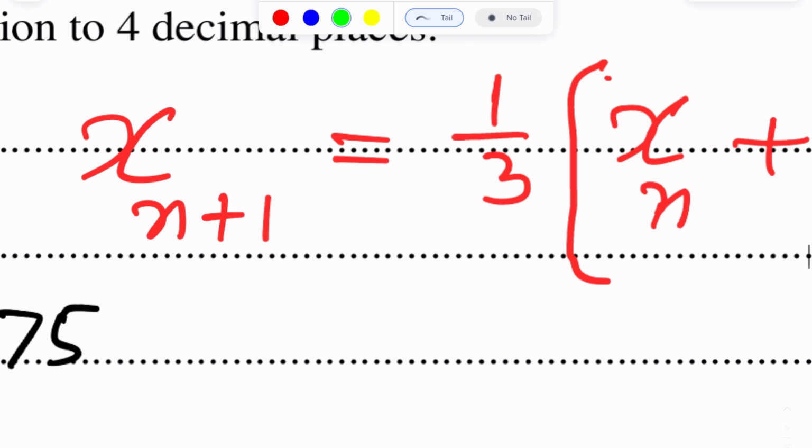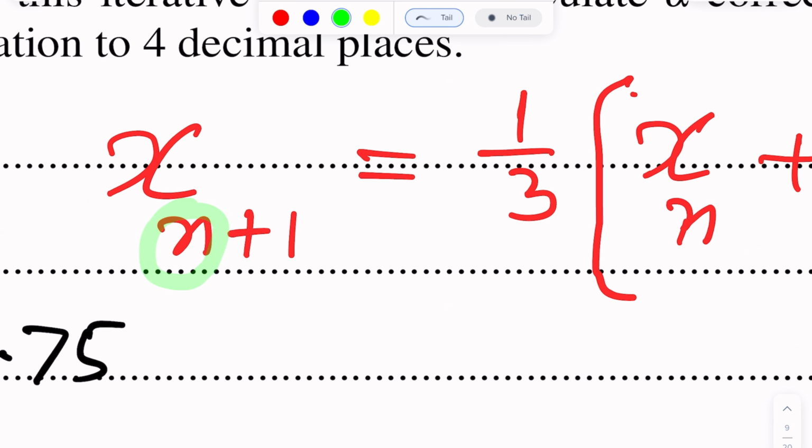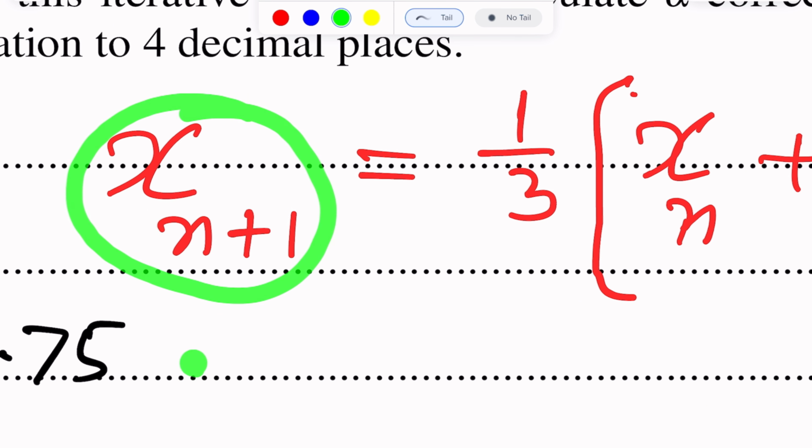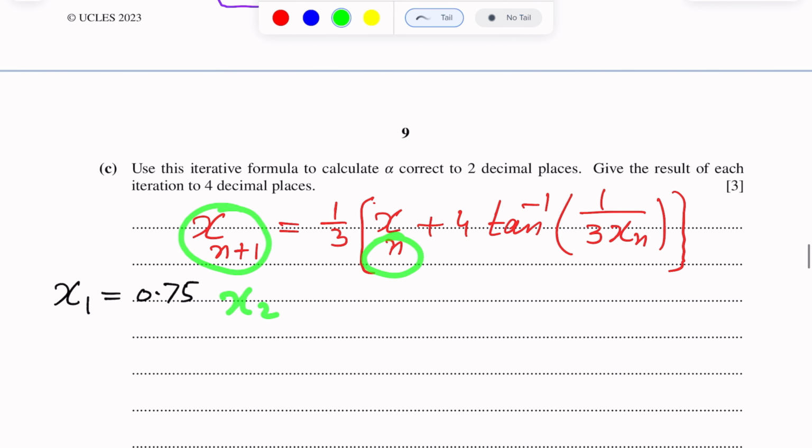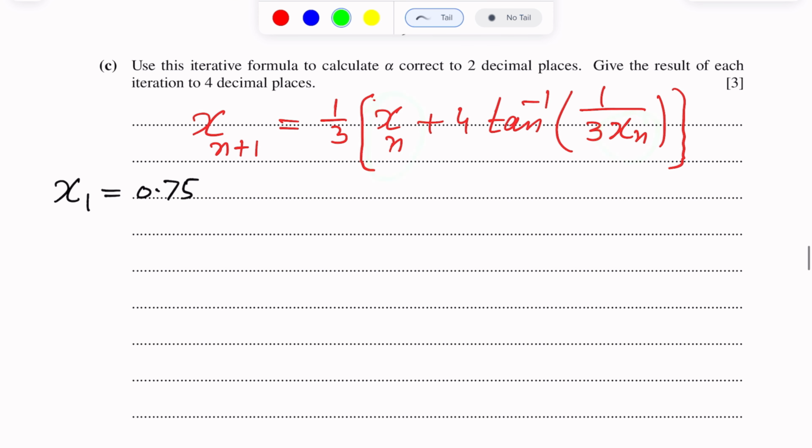To find x2, we will put n is equal to 1, and on the right hand side this will become x1.